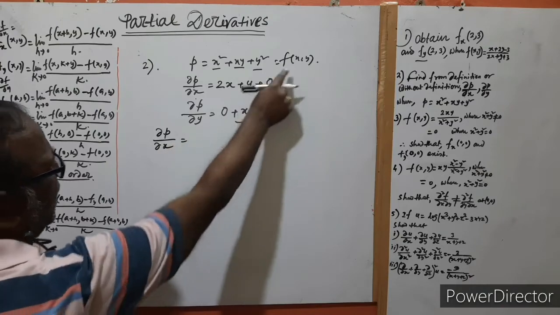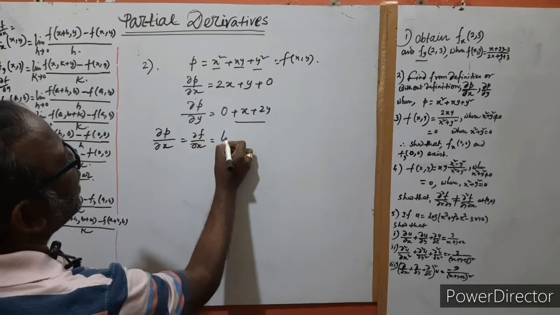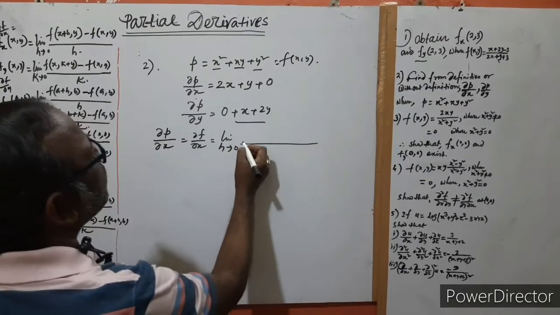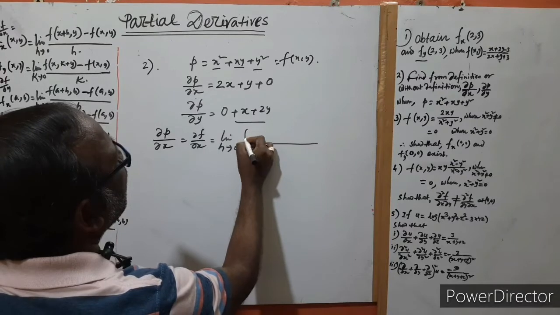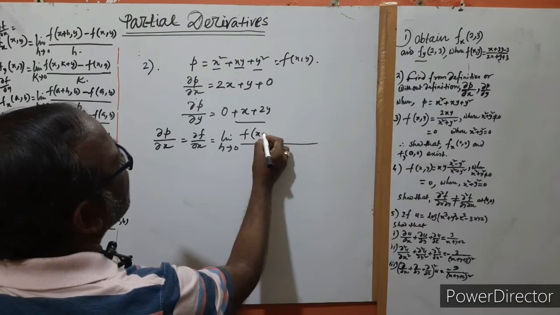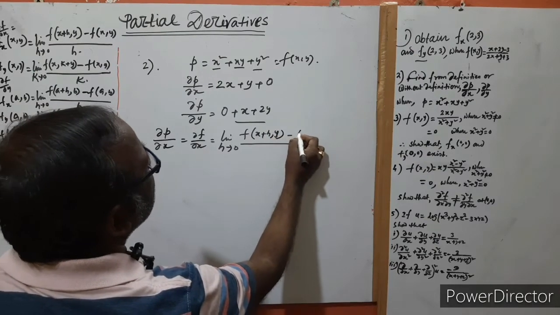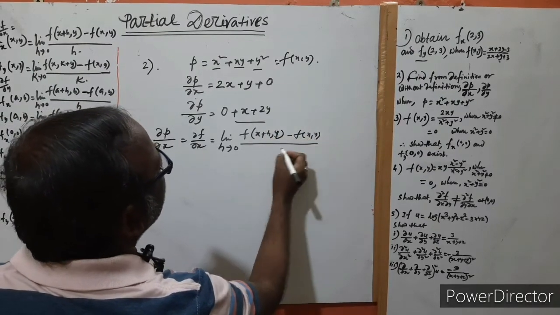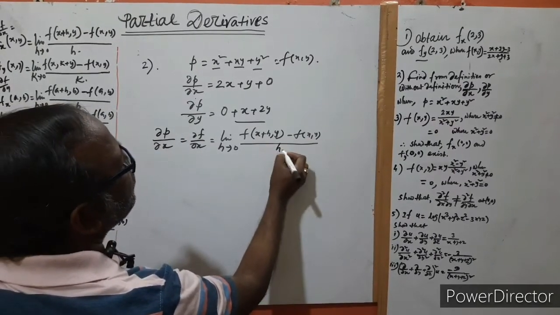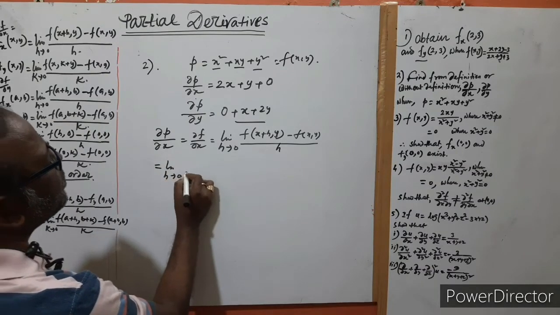Now the partial derivative ∂f/∂x is the limit as h tends to 0 of [f(x+h, y) − f(x, y)]/h.